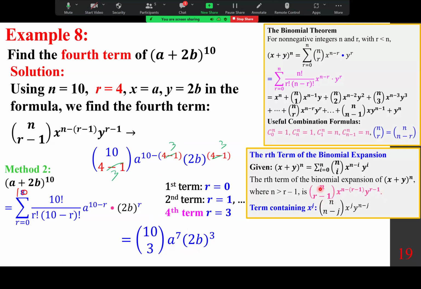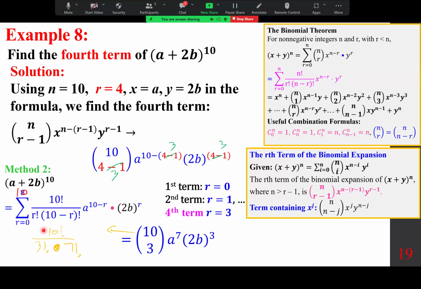You can stick with this methodology or completely ignore it, go back to what we just discussed and figure out that with the fourth term, it means r equals 3. That may be easy. You don't need to memorize any formula. So the combination 10 choose 3, just this part, is 10 factorial over 3 factorial times 7 factorial.